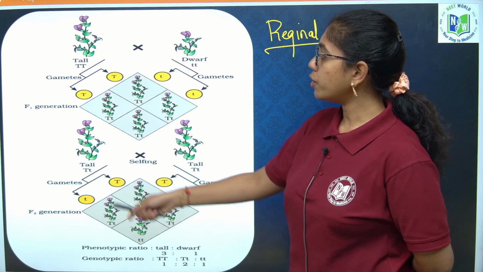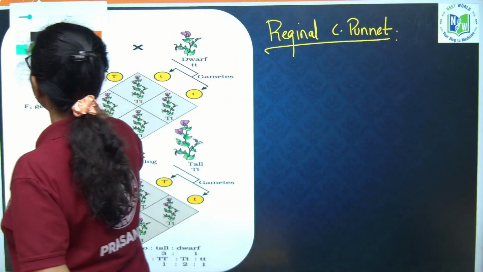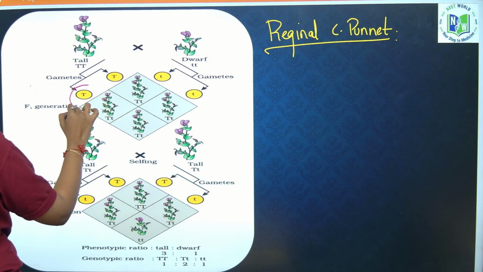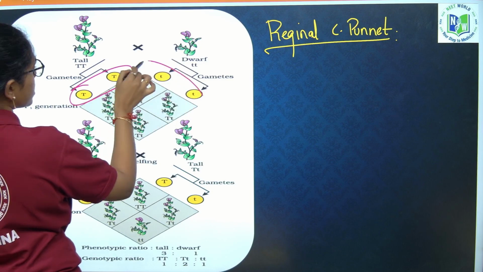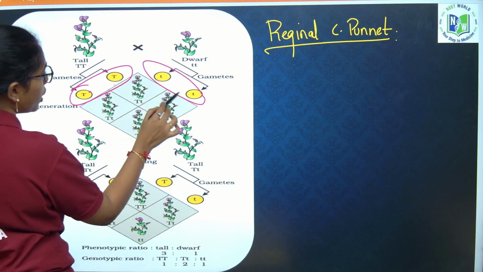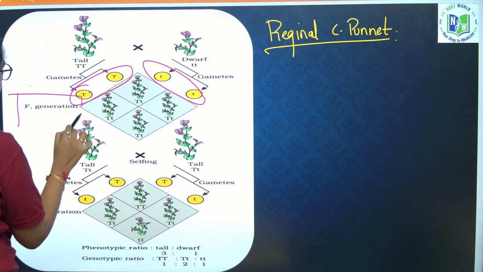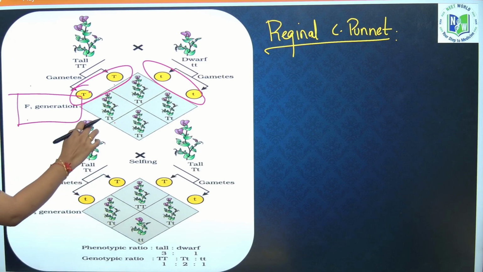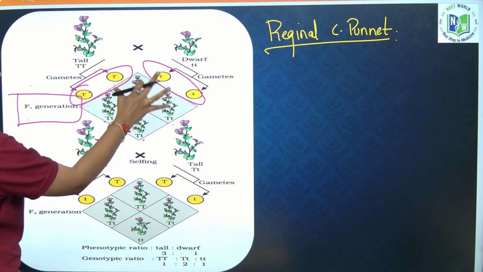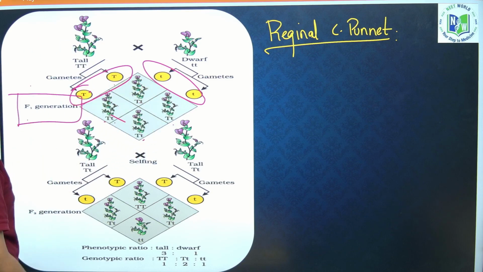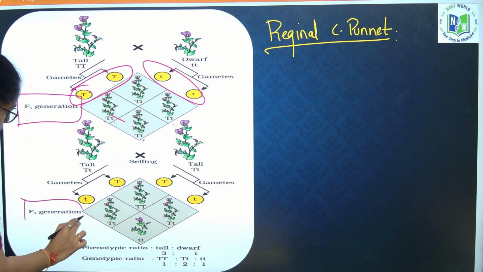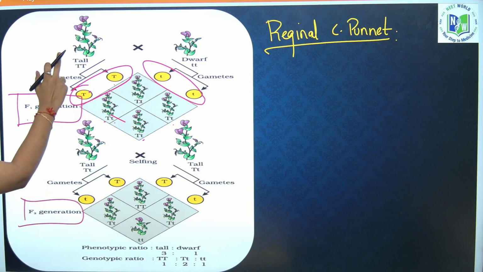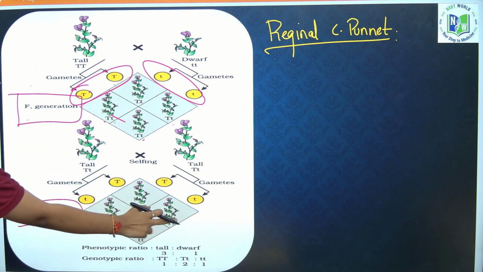So, in the F1 generation, the true parental lines are pure breeding lines, that is capital T homozygous dominant and homozygous recessive. Then in the F1 generation we got all heterozygous dominant genes, wherein phenotypically it resembles only one of the parents. In the F2 generation, plants resemble both parents, that is tall and dwarf.